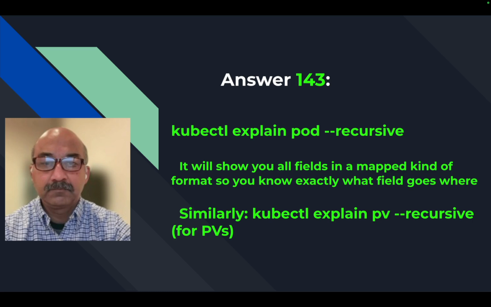If you run a command like kubectl explain pod --recursive, it will print out in a really nice format all the possible options that are available for creating a pod, the JSON parameters, if you will.